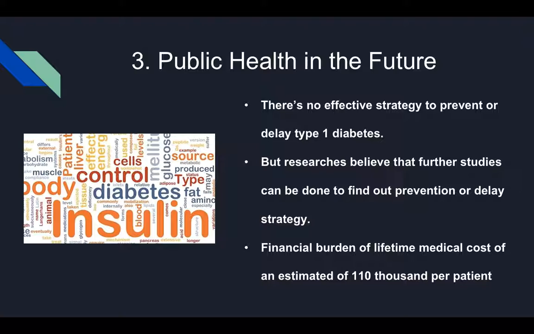Patients with type 1 diabetes also have huge financial burden, including lifetime medical costs of an estimated of $110,000 per patient, and therefore, health insurance is essential in covering part of the medical cost.